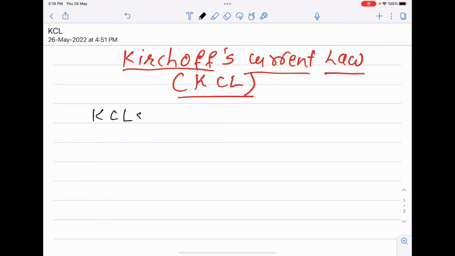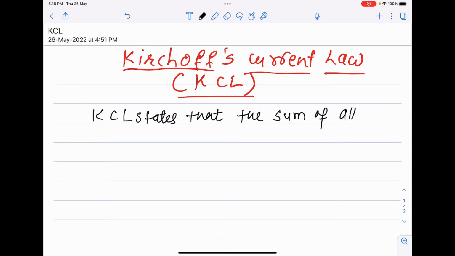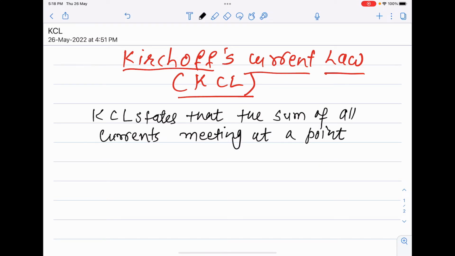Kirchhoff's current law, or KCL, states that the sum of all currents meeting at a point in any electric circuit is equal to 0.